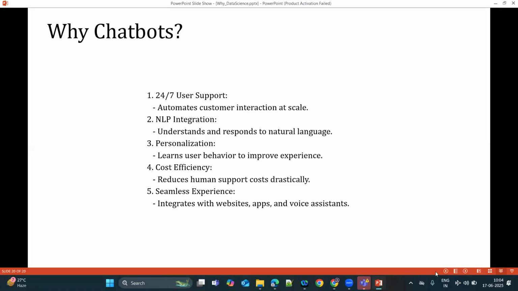Even the government of India released a chatbot for the Indian Railways. So we have multiple chatbots, and they are integrated with natural language processing. The backend would be natural language processing, and by using ML and DL concepts we'll be implementing the chatbots.